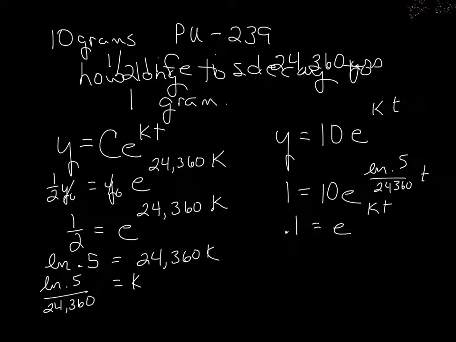How do I want to solve for time? I'm looking for time. I know what k is. It's right there. How do I get that out of the exponent? Use the natural log of both sides. So the natural log of 1/10 is equal to kt. So time is the natural log of 1/10 divided by whatever we stored k as.